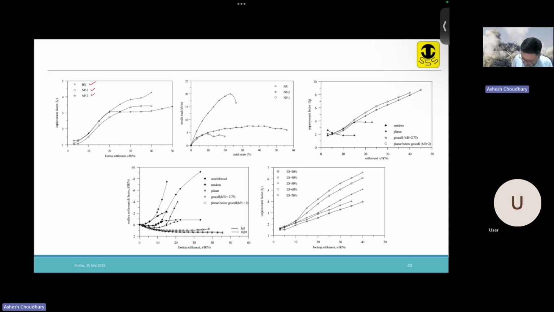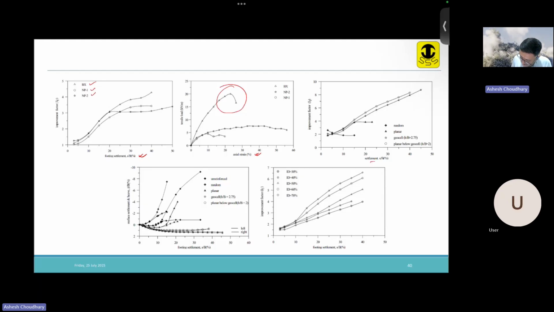This is with respect to axial tensile load versus axial strain. If you see the tensile load versus axial strain, you can see that obviously the geogrid has a higher strength at low axial strain.